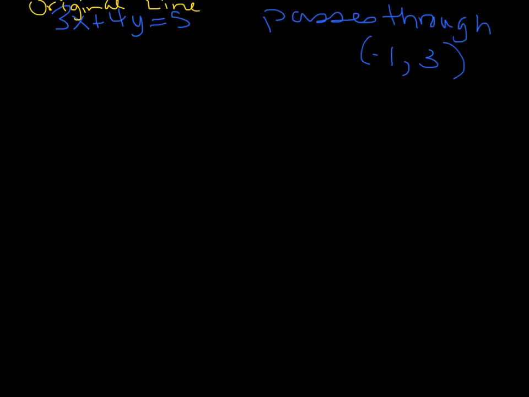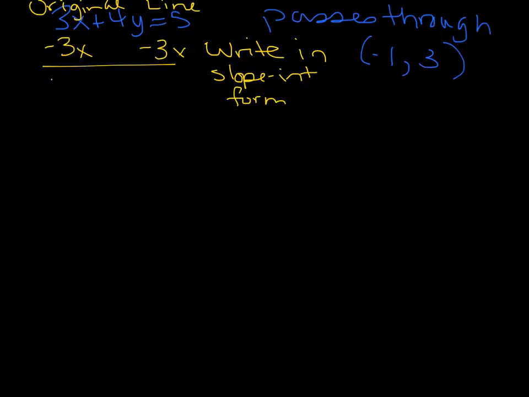So I am going to start by writing this in slope-intercept form. And I do that by solving for y. That gives me 4y equals -3x plus 5.